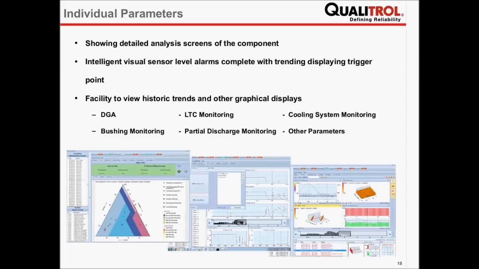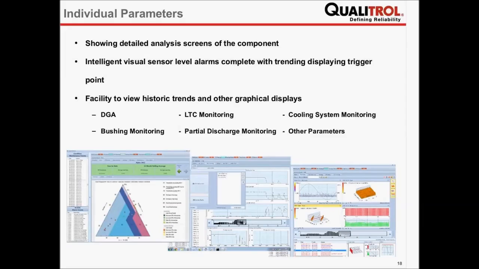If it is a cooling system monitoring system, I should be able to see how many times my fan bank has run, how many more times my fan bank can run, and what the inrush current and steady state current of my fan motors or my pumps are. If I'm seeing the bushing monitoring, I should see the capacitance and tan delta trend over a selected time period.